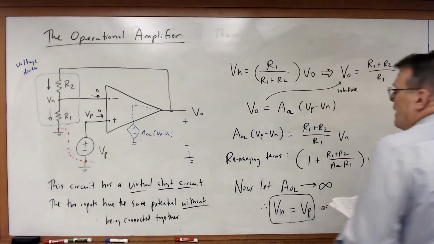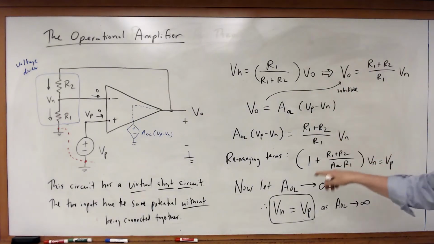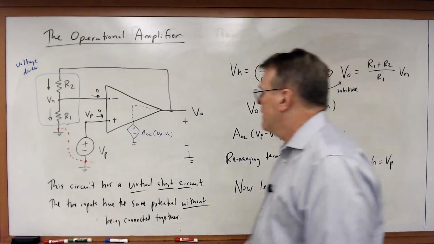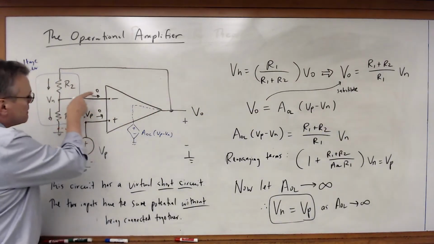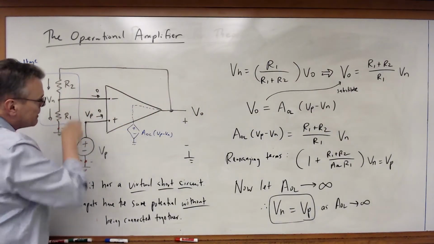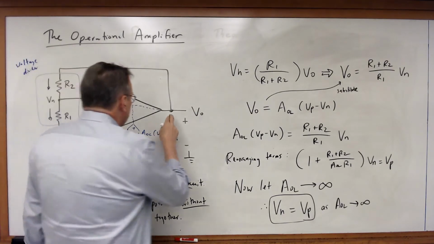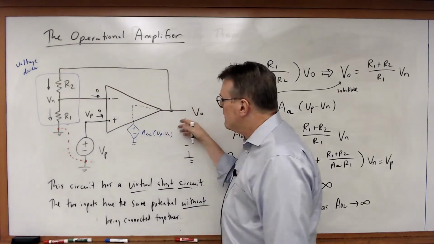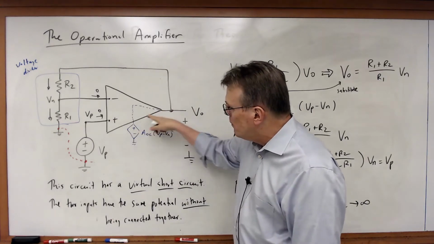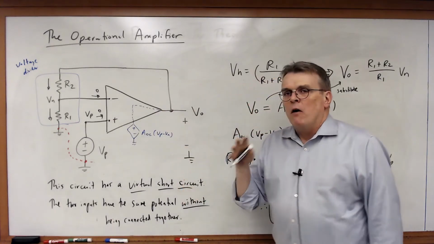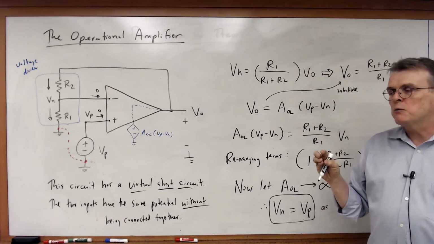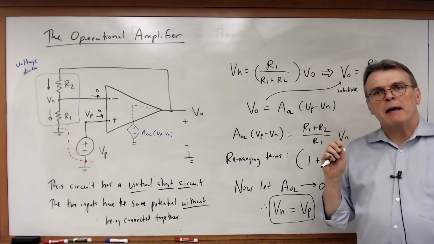Okay, so given this virtual short circuit, given the fact I've got 0 amps flowing into the input of the op-amp, assuming it's ideal, and given the fact I am going to treat the output of the op-amp as if it were a dependent voltage source, all of those things together lead to what we call the 3 rules of op-amp analysis.